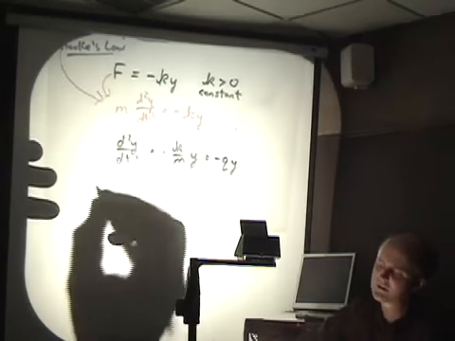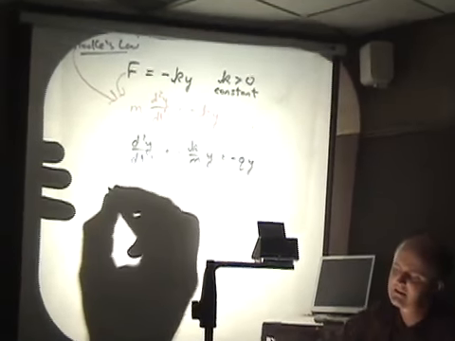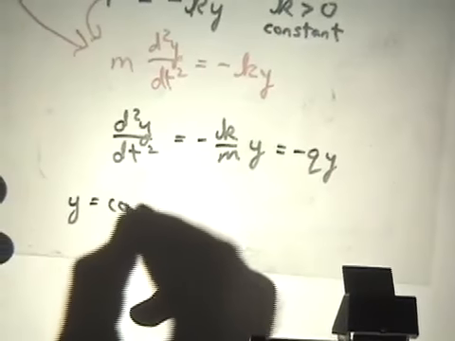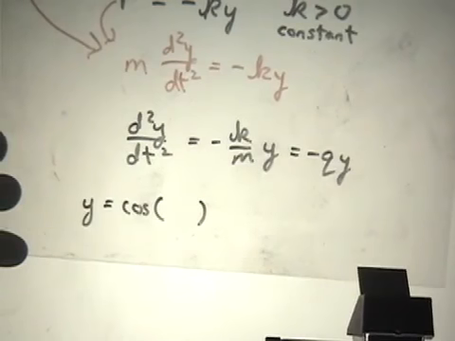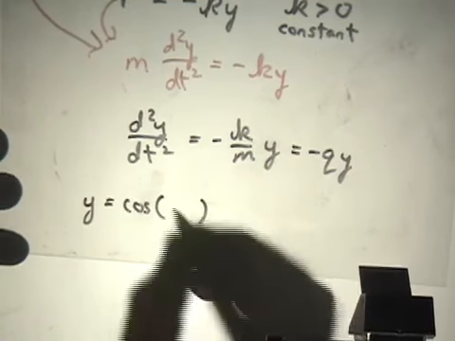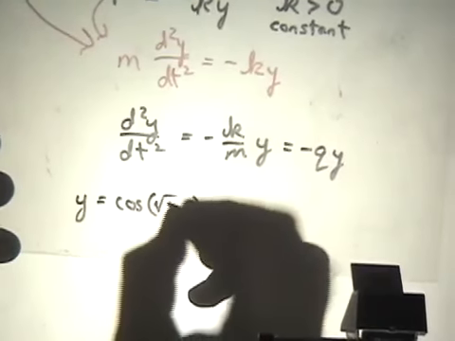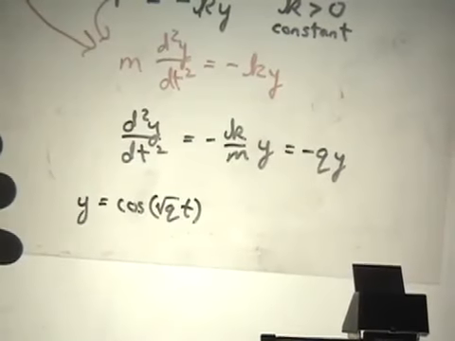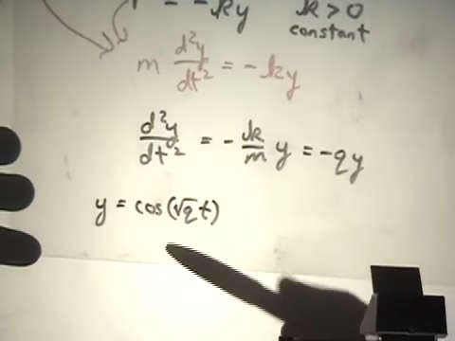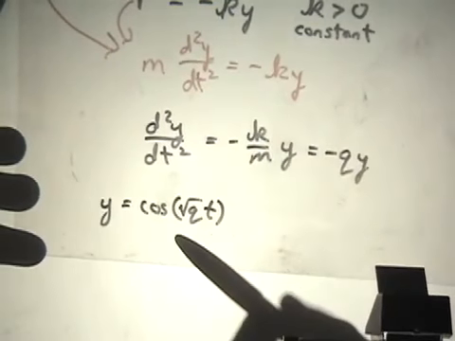With this negative q in here, it's a little trickier. But if you do a little experimentation and guess functions like cosine of some constant times t, you'll realize the constant square root of q will work. And you can check that out. The chain rule is going to be what allows it to work.